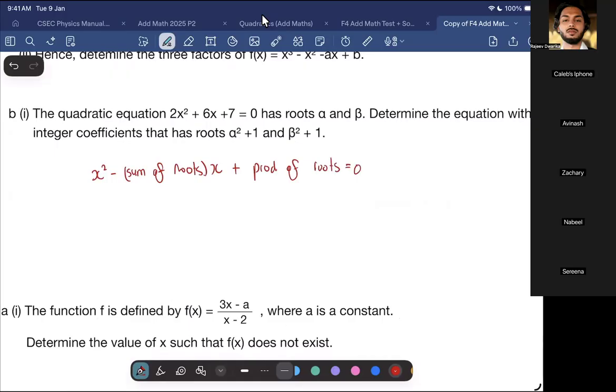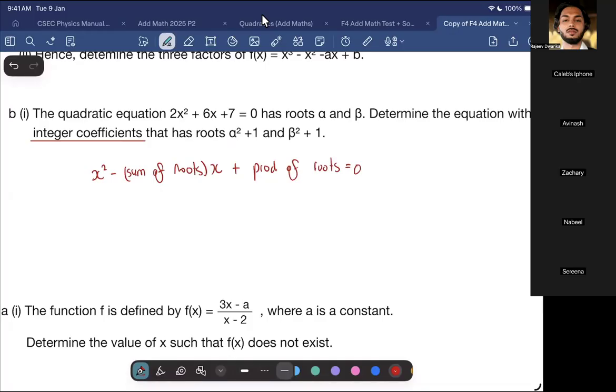Now they said they want integer coefficients. If it's an integer, then it could be a negative number or a positive number, including 0. But it has to be a whole number, like -1, 0, 1, -5, 5. Understand? Yes, sir. So integers are whole numbers, including 0 and negative numbers.